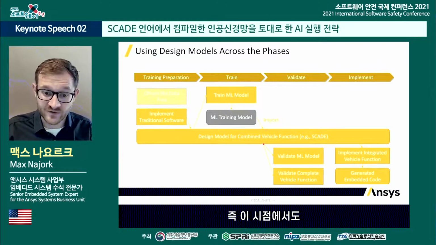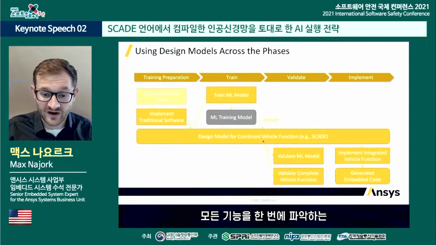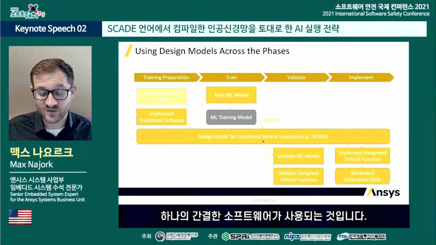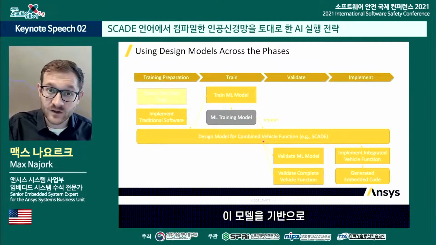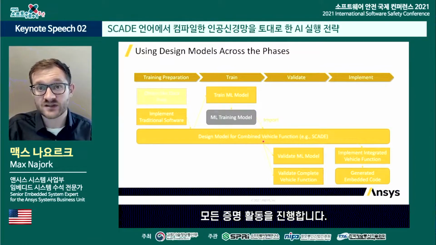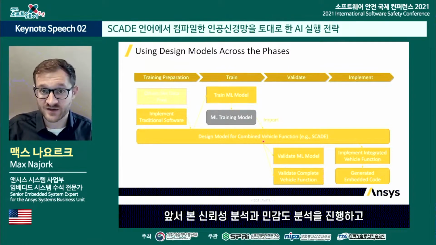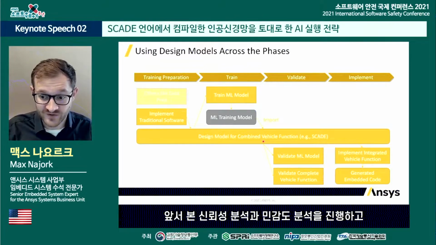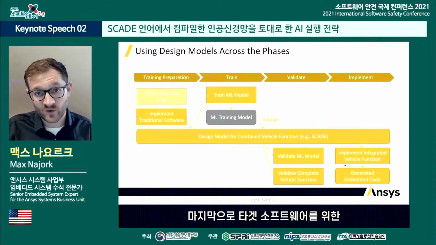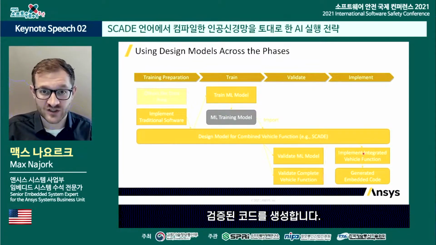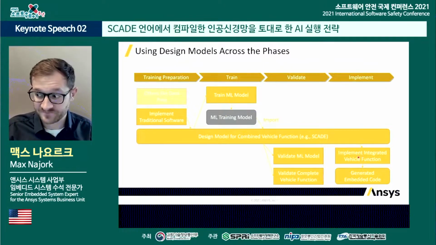So from that point in time, we have one concise, unique design model that captures the whole functionality. Based on that model, we perform all the validation activities like the reliability analysis, the sensitivity analysis that we have seen, and also perform the final qualified code generation for our target software.